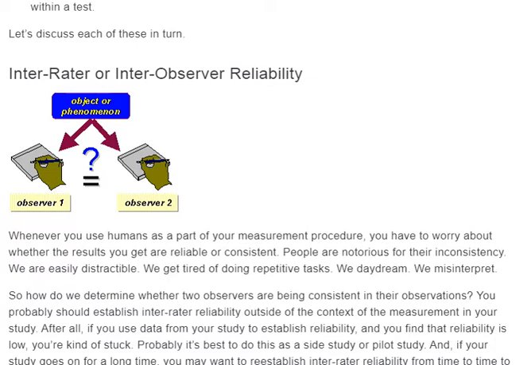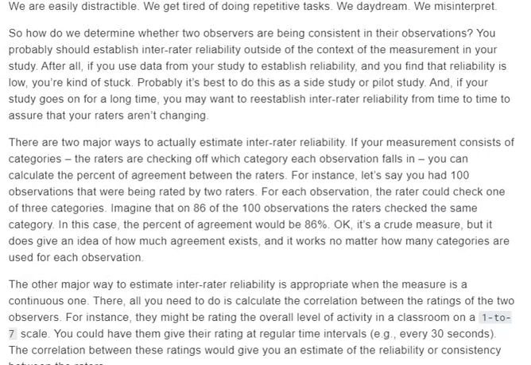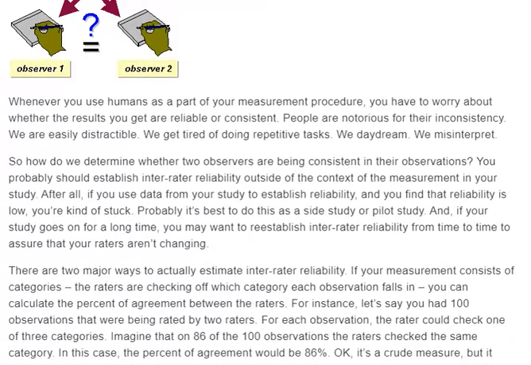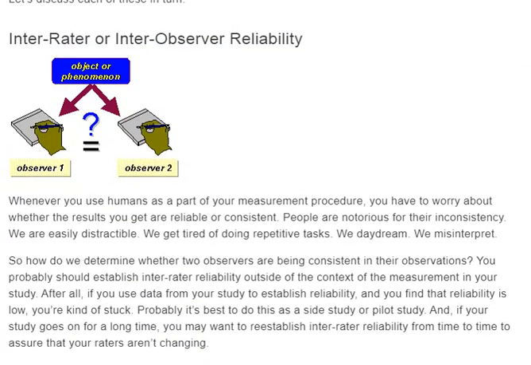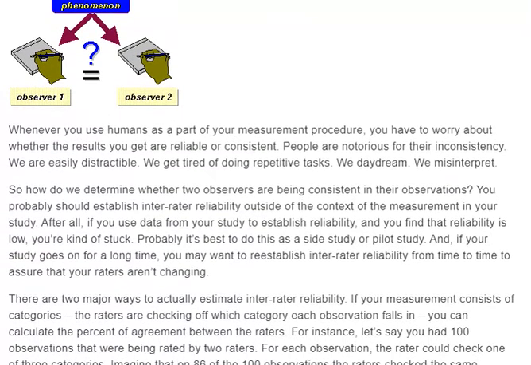If two observers give different and varied observations and ratings of the one test, object or phenomenon, there is no inter-rater reliability.